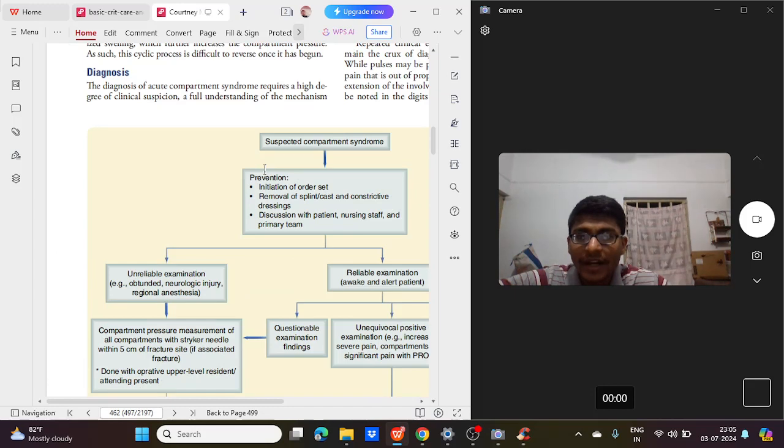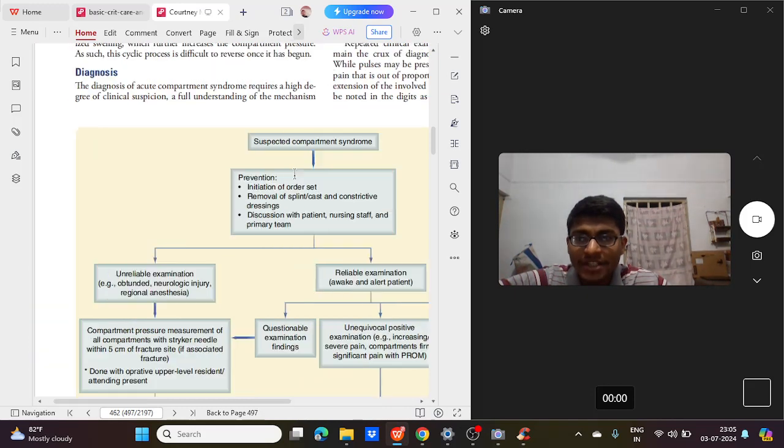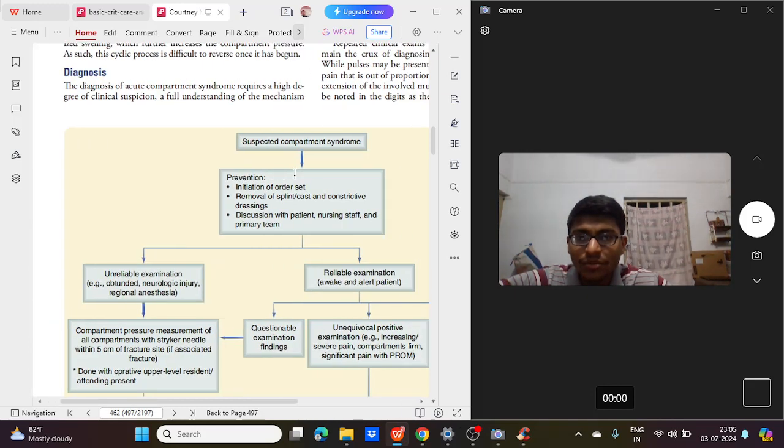So we'll go ahead with the flow chart, which is very important to discuss. If you are suspecting a compartment syndrome, we have to initiate the order set of examination, remove any tight cast or constrictive dressing, and discuss with the patient and our team.